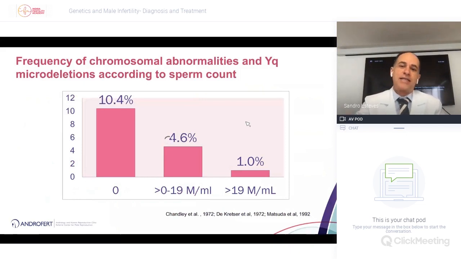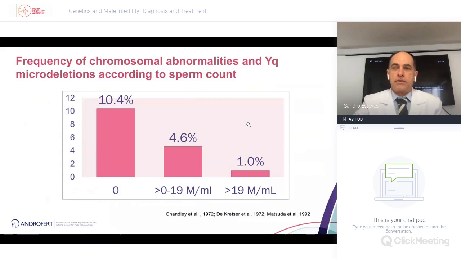Very rarely we find something in patients within the normal range. Perhaps we will find a translocation, but not Y chromosome microdeletion.